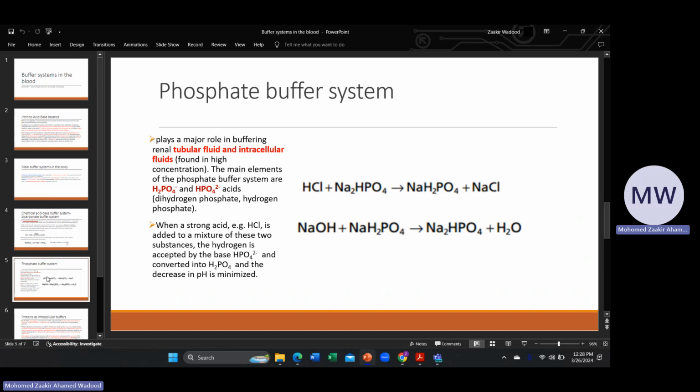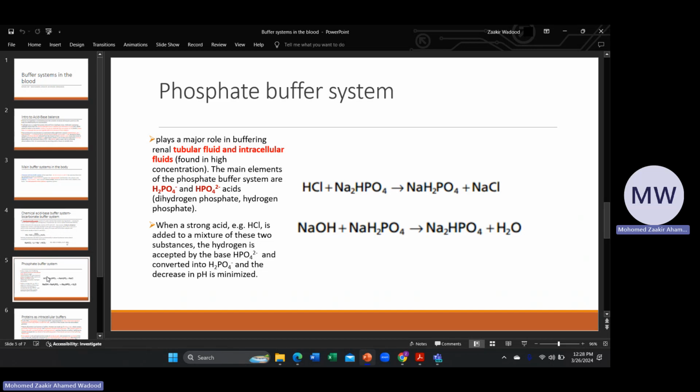The principle is essentially the same. The function of the buffer is to resist any change in pH. So when an acid or a base interacts with it, the corresponding component, if it's an acid, then the conjugate base, or vice versa, tries to react and neutralize that change. As mentioned here, for example, we have HCl, which is a strong acid.